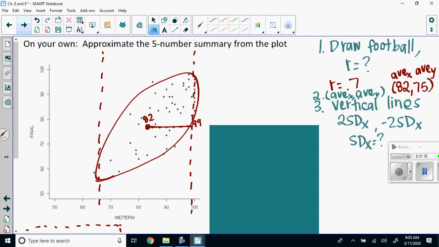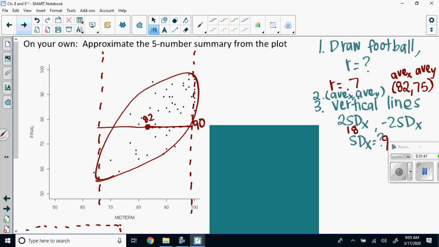So that distance, 99 minus 82, is 17. I'm going to use 18, so I'm going to change this to be 90 because I prefer not to have decimals. Okay, so 18, if I cut 18 in half, that is 9. And I can double check it. I can go this distance as well.